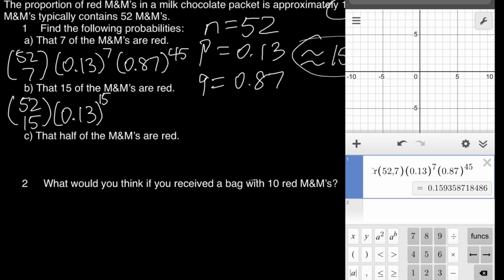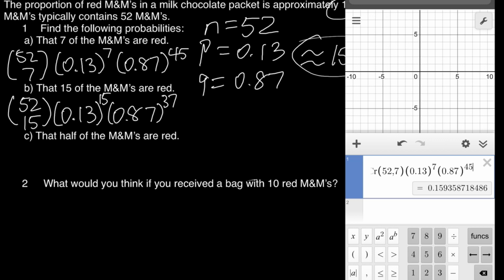And of course, 0.87, the chance of failure, and failure by this definition is not getting a red M&M. This time it is to the 37th power because 15 plus 37 is 52.